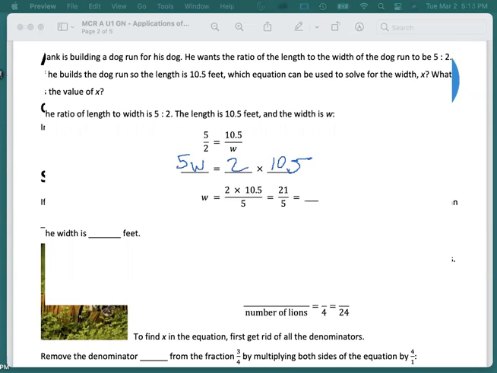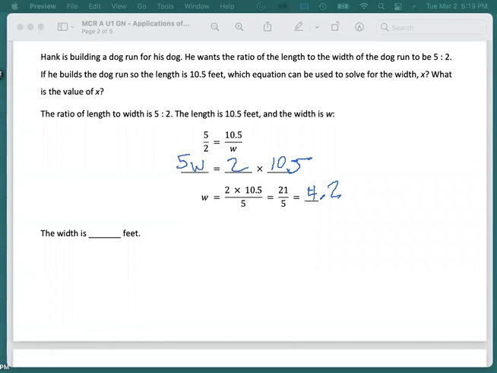I gotta use my calculator for that. I think it's 4.2. Yes, 4.2. So the width is 4.2.